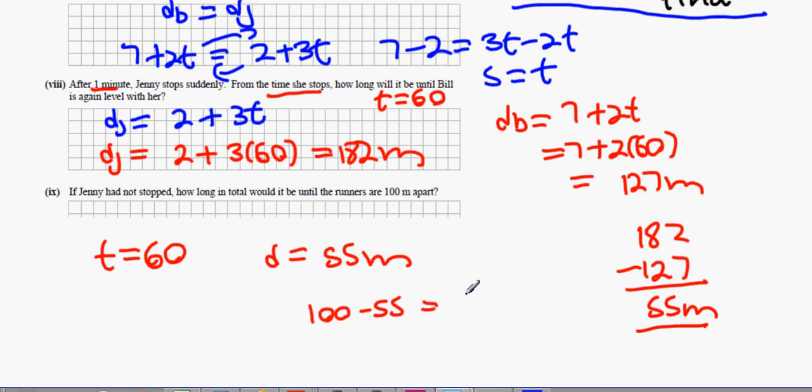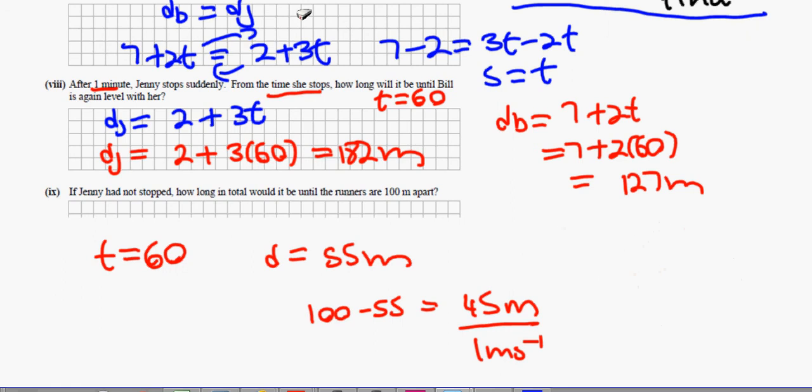If we divide that by 1 meter per second, which is how much faster Jenny is than Bill, we get 45 seconds.